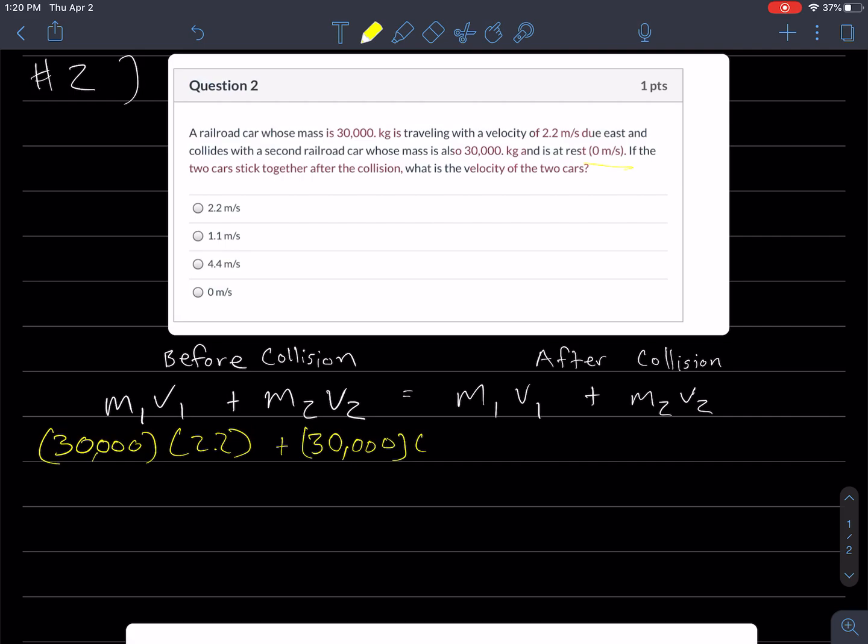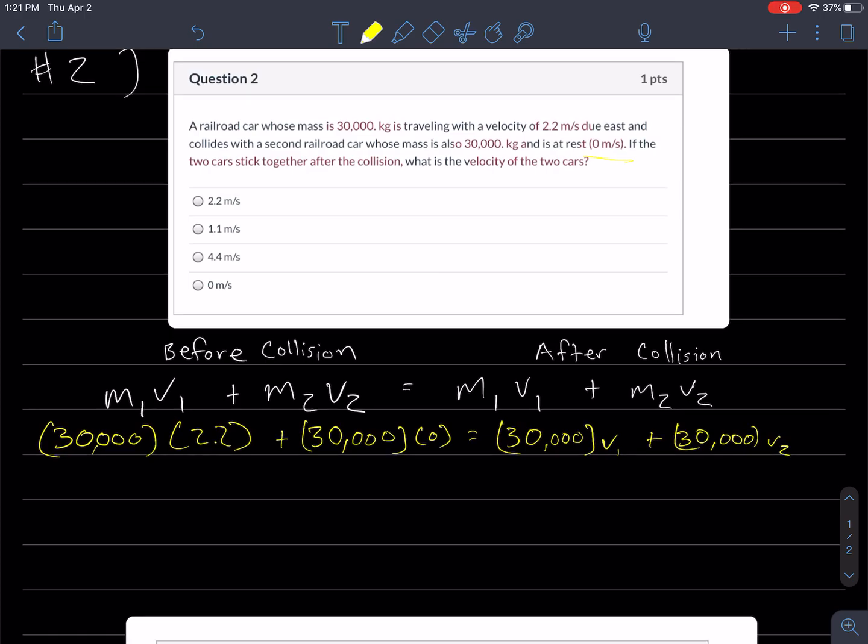Its velocity is at rest, so it's 0. Makes that easy. As we mentioned before, the masses of our objects don't change, so mass of object 1 is 30,000, velocity we don't know, plus mass of our second object, which again does not change, velocity we don't know.